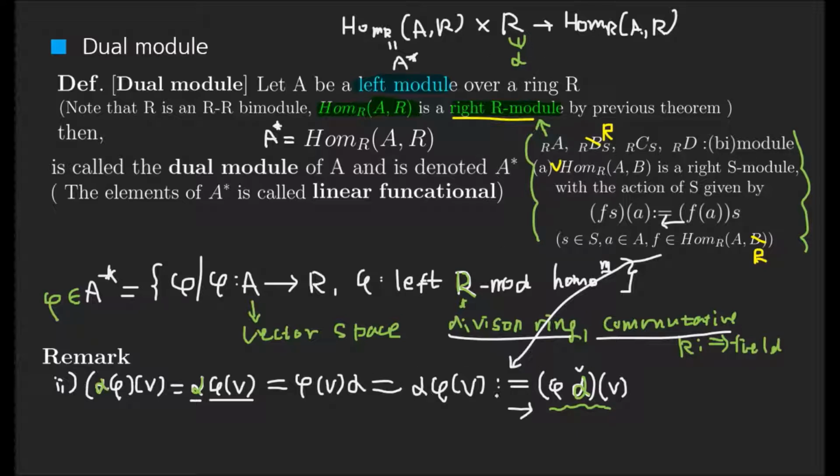But in the case of the vector field, because the ring is commutative, in linear algebra, when we consider dual spaces, the scalar is located on the left side. This is no problem. But when generalizing the dual to the module sense, the scalar must be located on the right side.